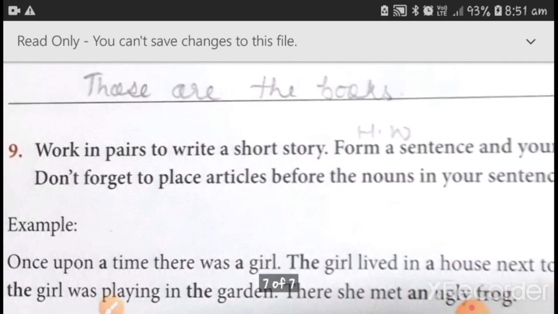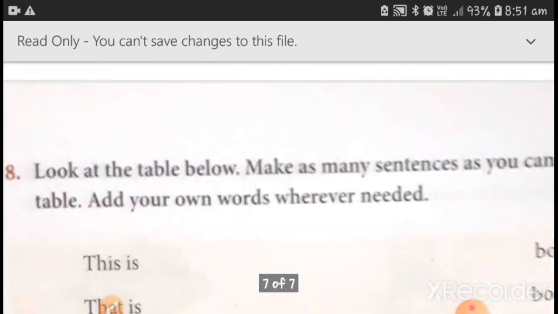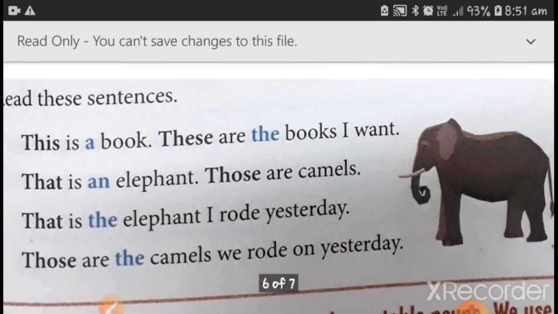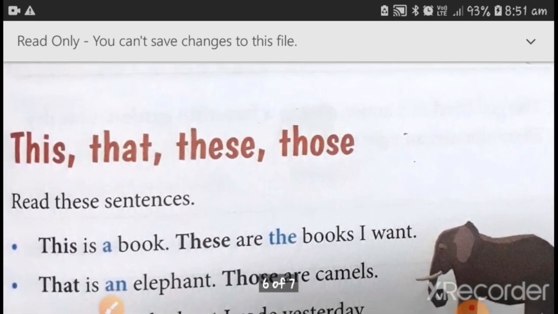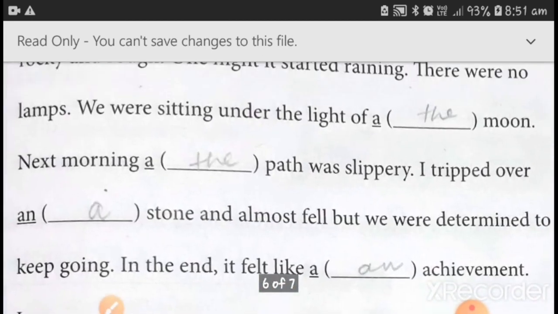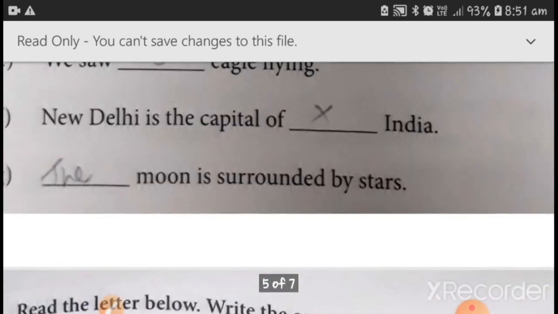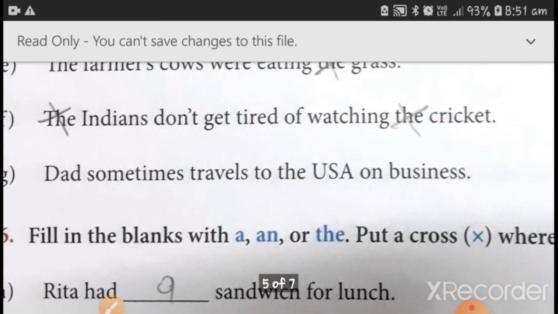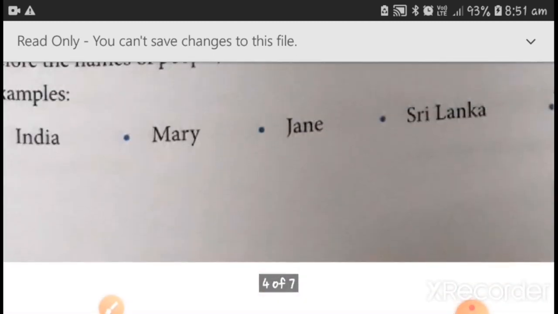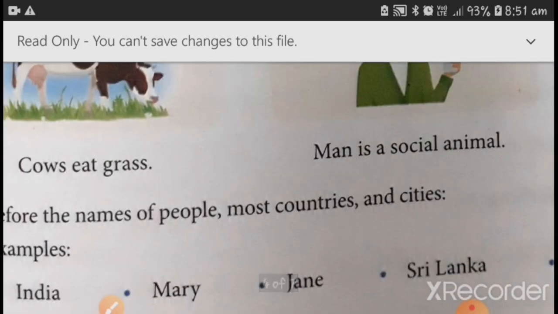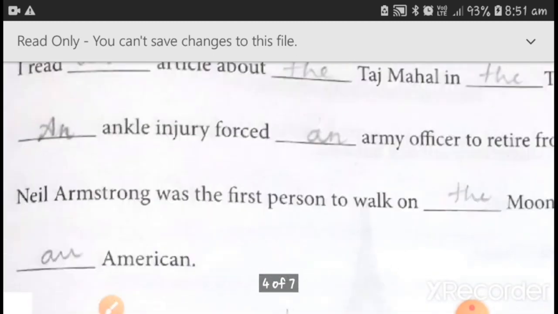Okay children? So hope you would have enjoyed all the exercises. Clearly you have to complete it and fill it in your book. While writing the answer, don't make mistakes. Avoid spelling mistakes and go through the chapter.